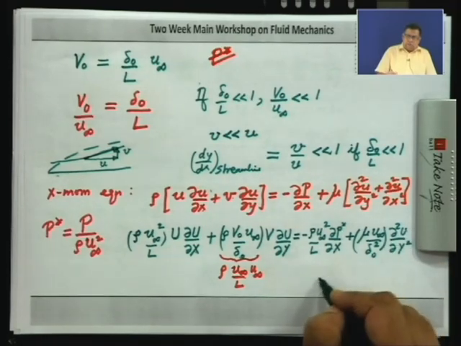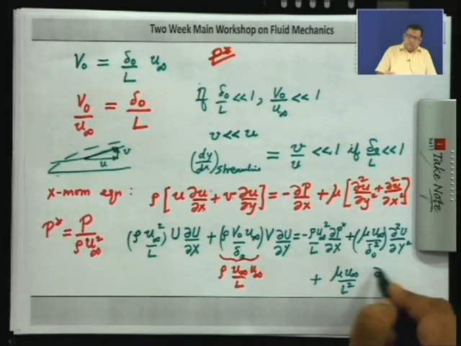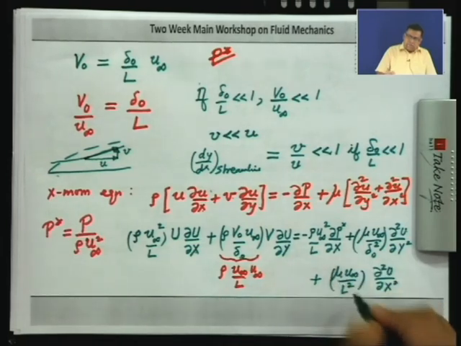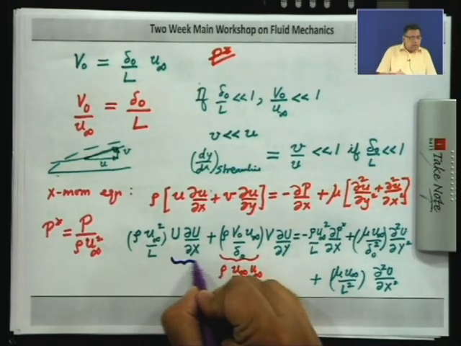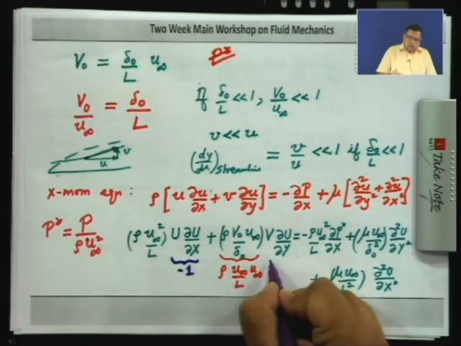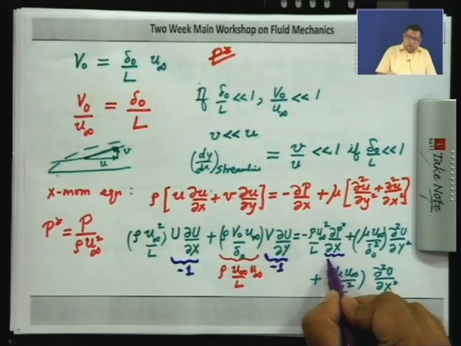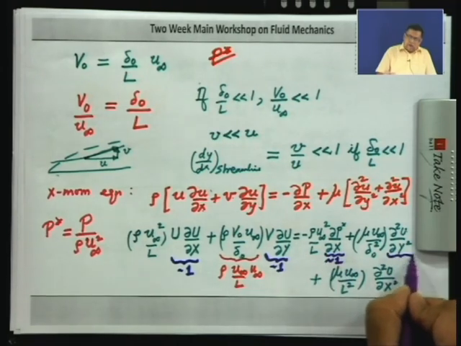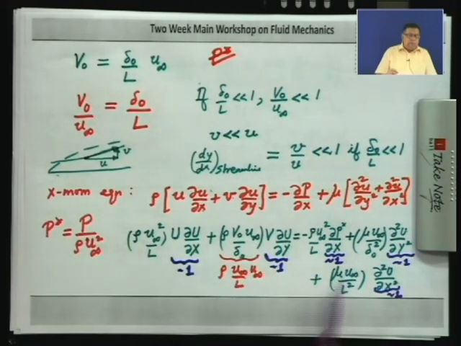Similarly, the next term is going to be mu u infinity by L squared into del squared capital U del capital X squared. So, our argument is that this quantity is order 1, this quantity is order 1, as are these quantities, and the coefficients in front give you the order of magnitude.